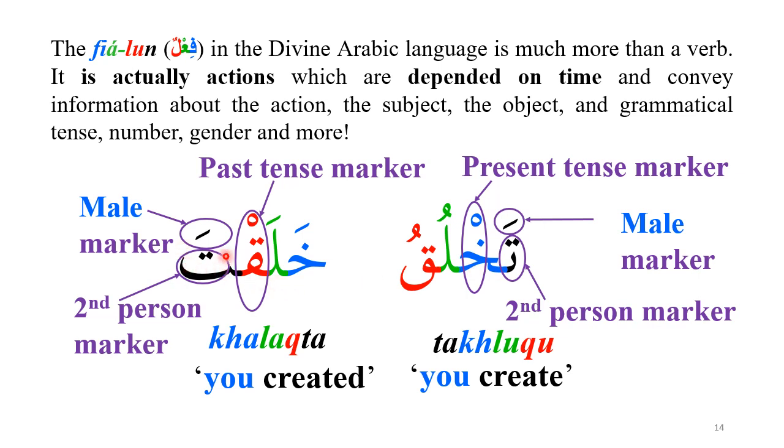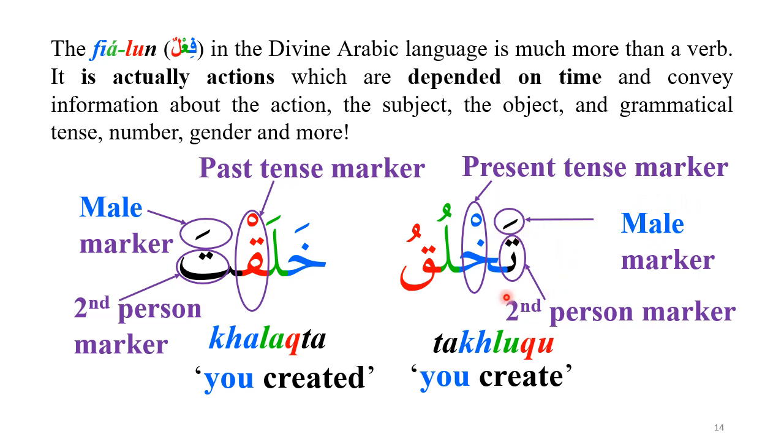So the ta is the marker for the second person, and the fatha on khalaqta is the male marker, right? And the female marker would be here, khalaqti. That means you created, when a female creates something, you in the female sense. And takhluqu means you create, and the male marker is there because it's a fatha.